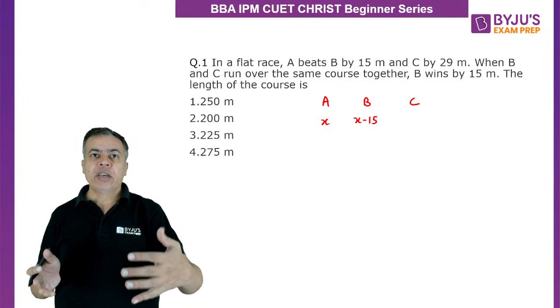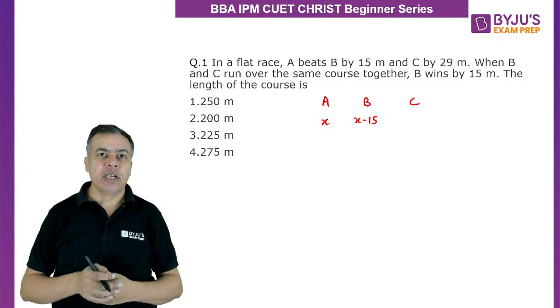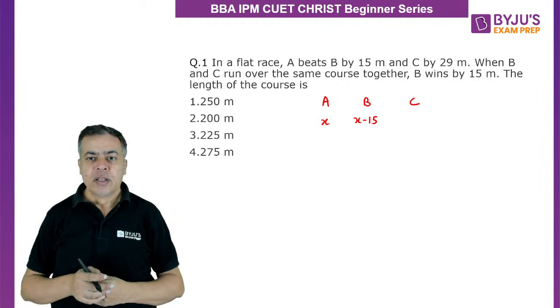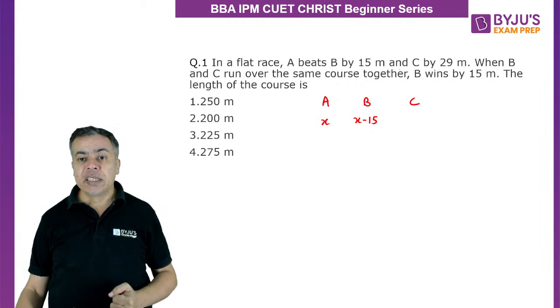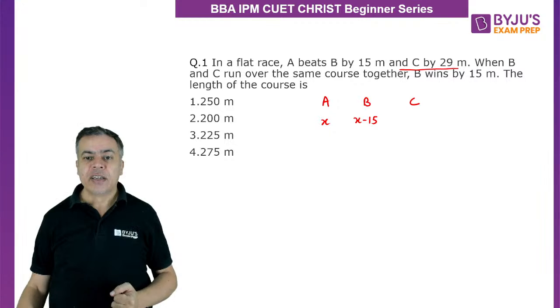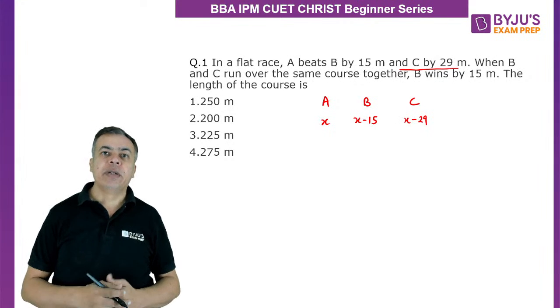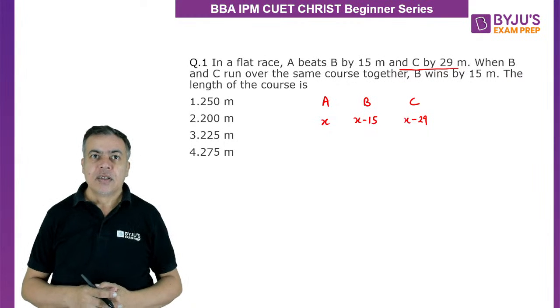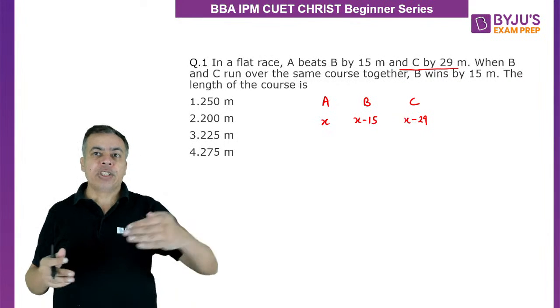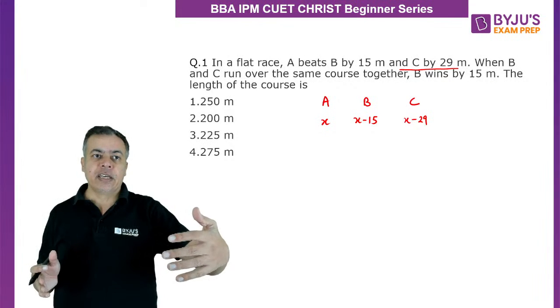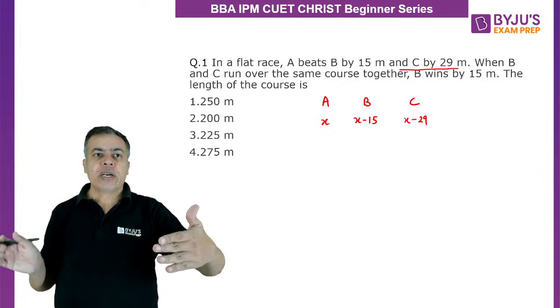That means B will be covering x minus 15 meter in the same time, and A is beating C by 29 meter, so that means C will be covering x minus 29 meter in the same time, because when A is finishing the race, C should be 29 meter behind.